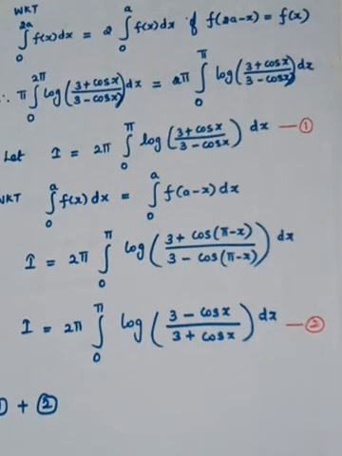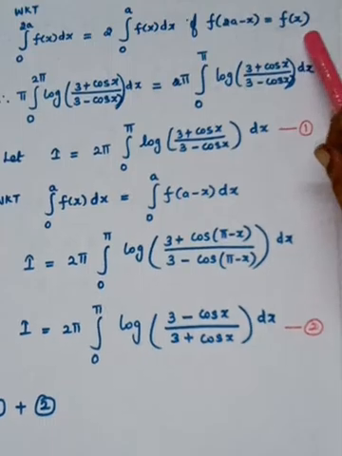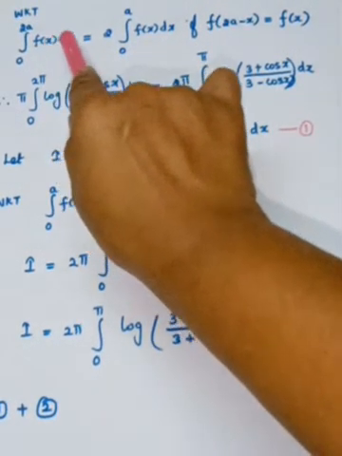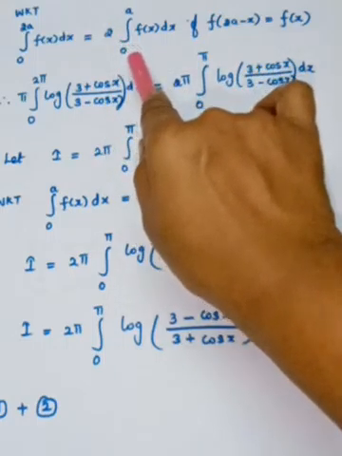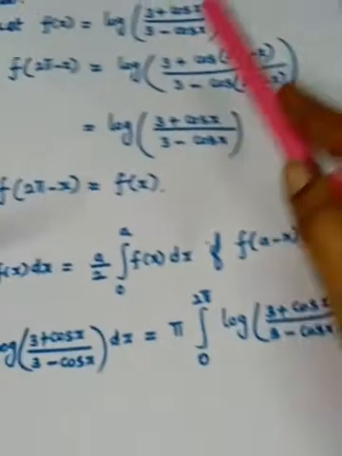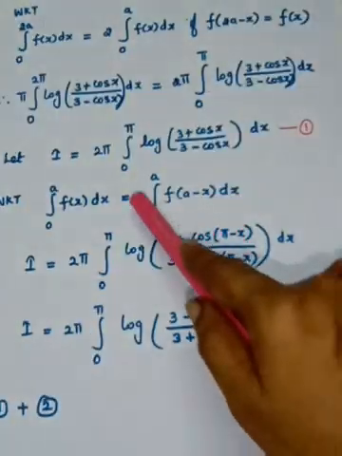So here we take f of 2a minus x equal to f of x, meaning 0 to 2a f of x dx can be written as 2 into 0 to a f of x dx. Already we showed this in the first one, so there is no change in it.